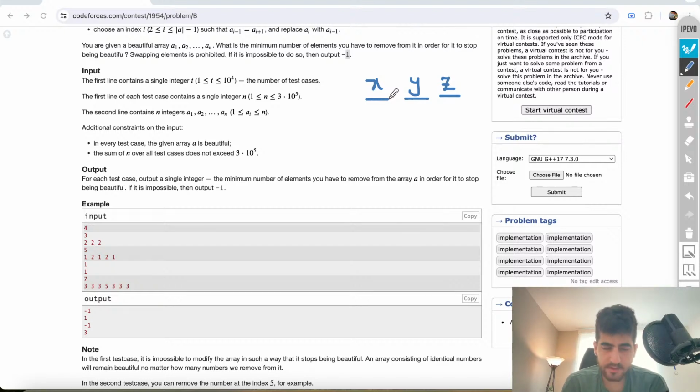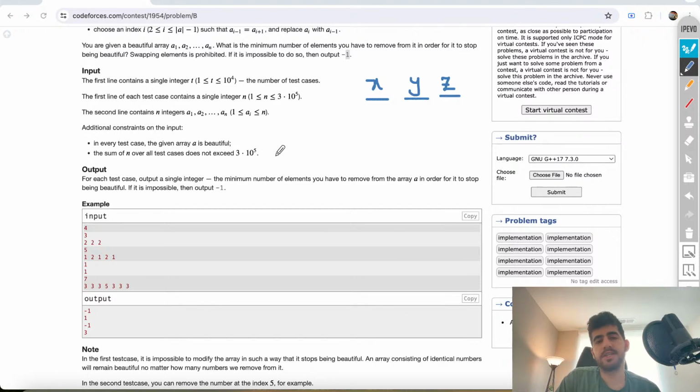Yeah, I'm not talking about a test case. I'm saying if an array has 3 elements that they are not the same, then it means that the array is ugly now. It's not beautiful anymore. So if you have 3 elements which are all different, it means that the array is ugly.